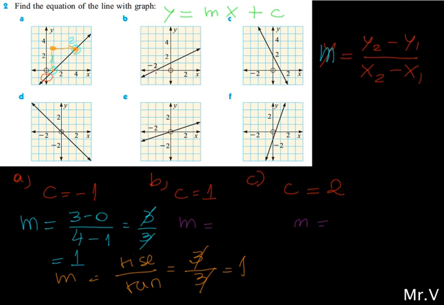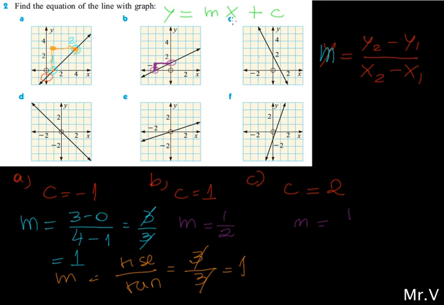For example, this point is extremely easy to identify, and let's choose this other one. So my rise is 1 unit, and my run is 1, 2 units, and that's it, just like that.